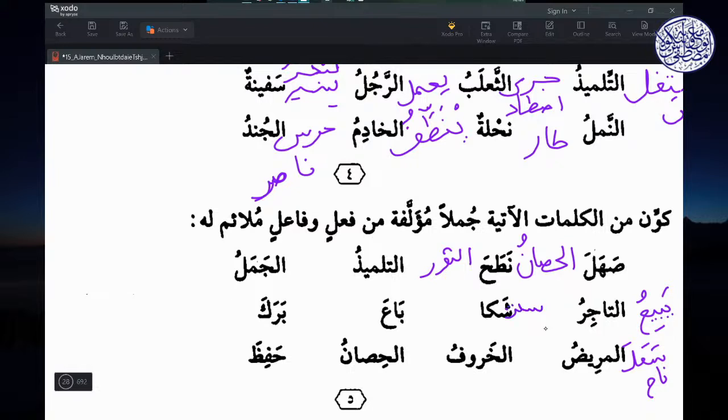Right, shakat if you're going to check, or shaka al abu or shaka al mudarrisu or shaka al waladu, shaka al mudiru, shaka al jundu, shaka al khadimu, the khadim complained, right? Shaka al hisanu, the horse complained that the owner was putting too much on him. No problem.